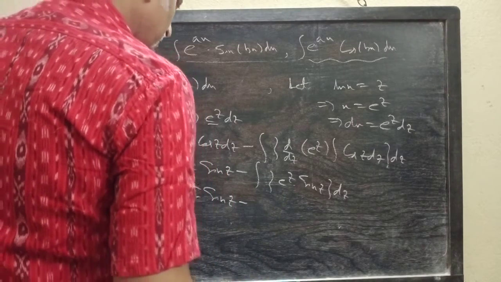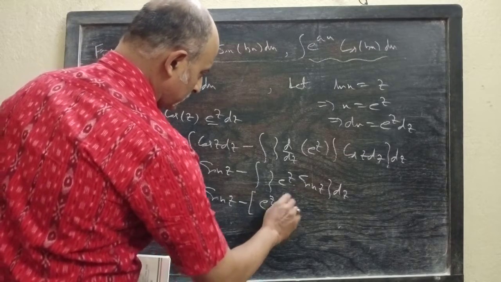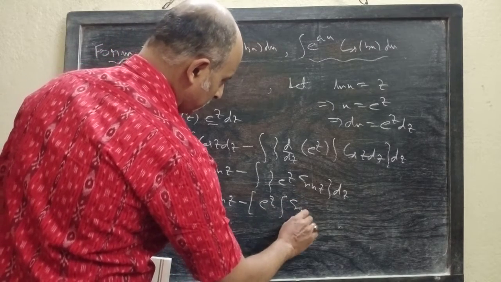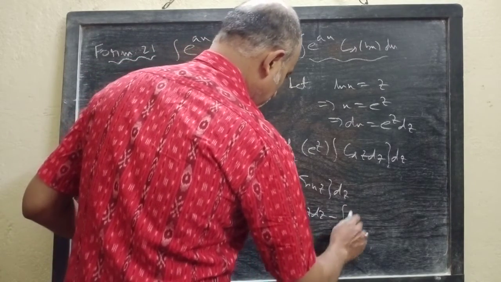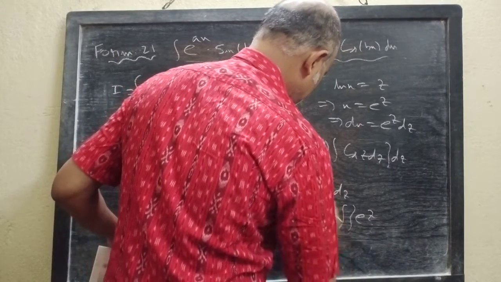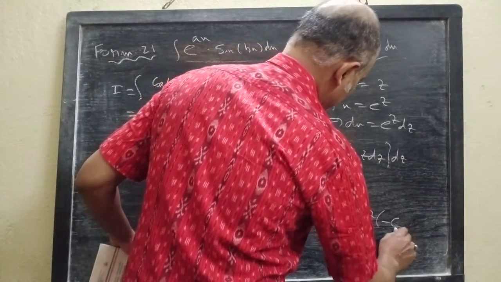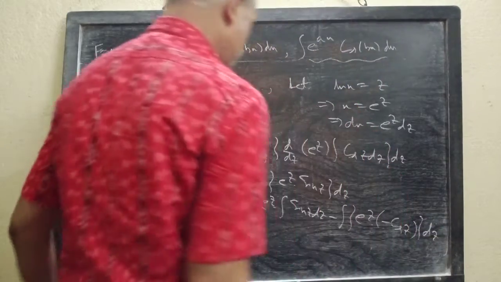We have to do by parts again. So put third bracket here. e to the power z integration sin z dz minus integration derivative of first function is e to the power z. Integral of this is minus cos z dz.